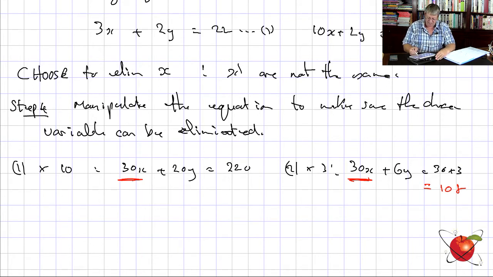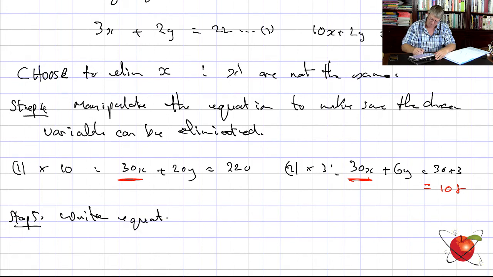Now step 5. Okay, write the equations, let me just, it's not just picking that up nicely. Write equations like this, under each other, okay?